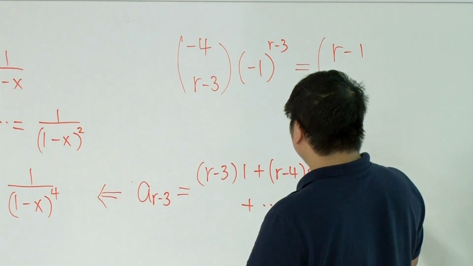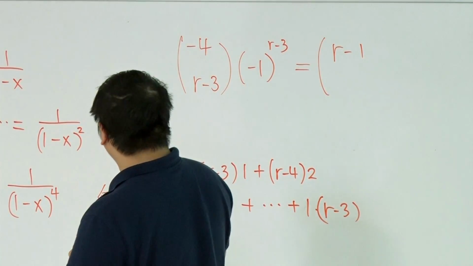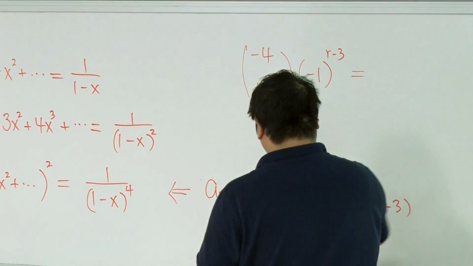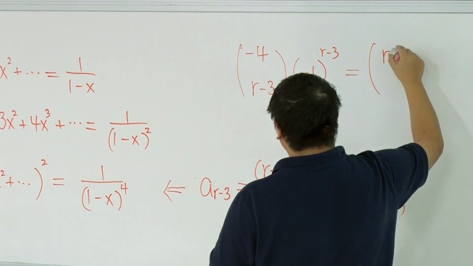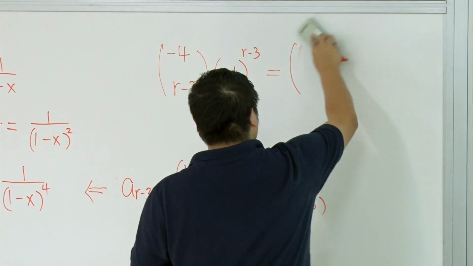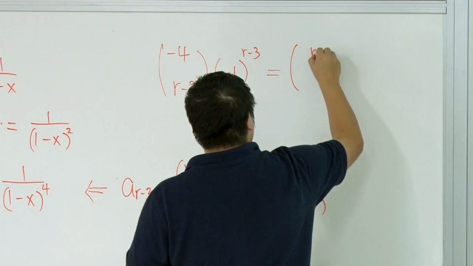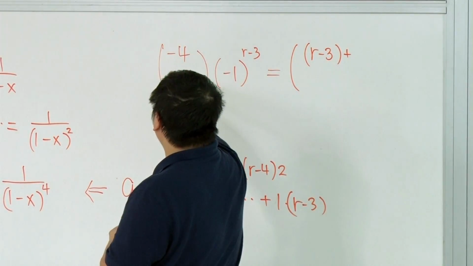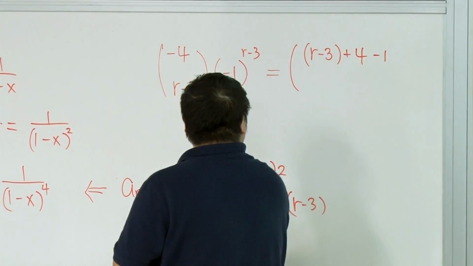Is it? R minus 3? Sorry, R minus, no. So it is going to be R minus 3. R minus 3 plus, if we start 1, 4 minus 1 plus 4. Let me see.